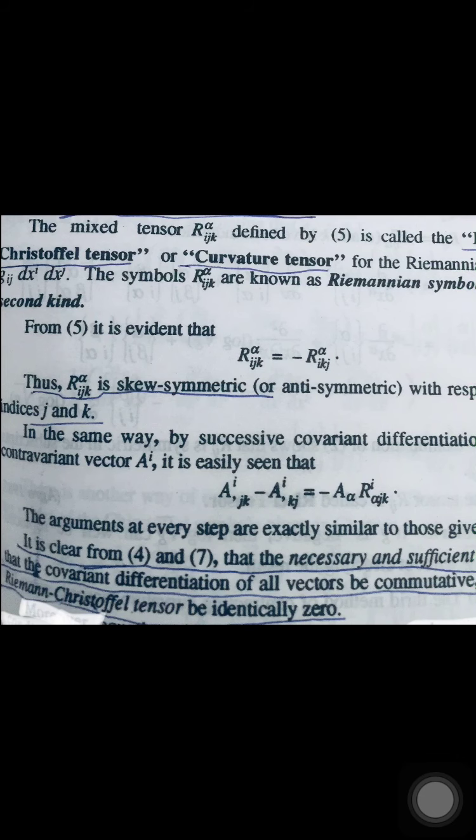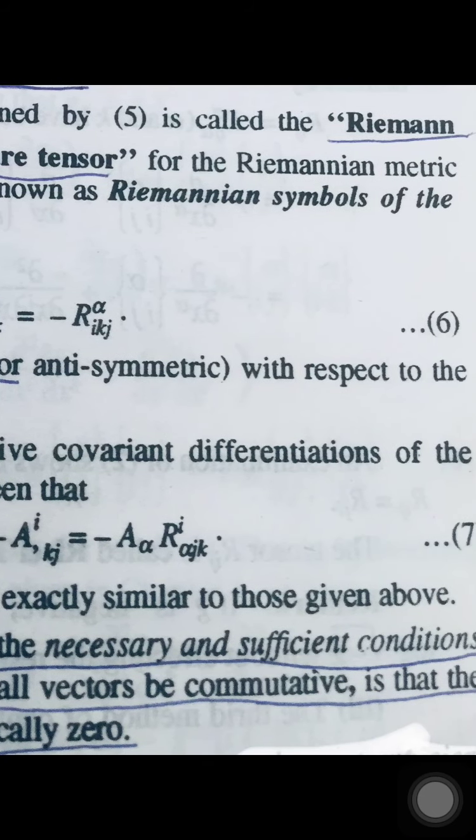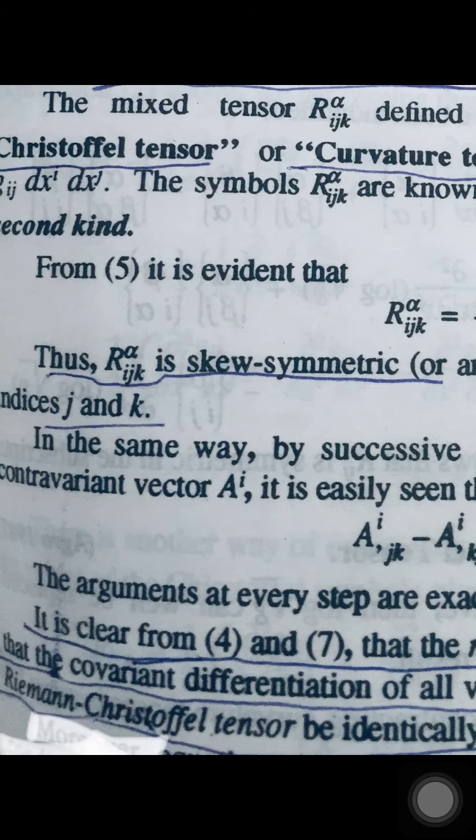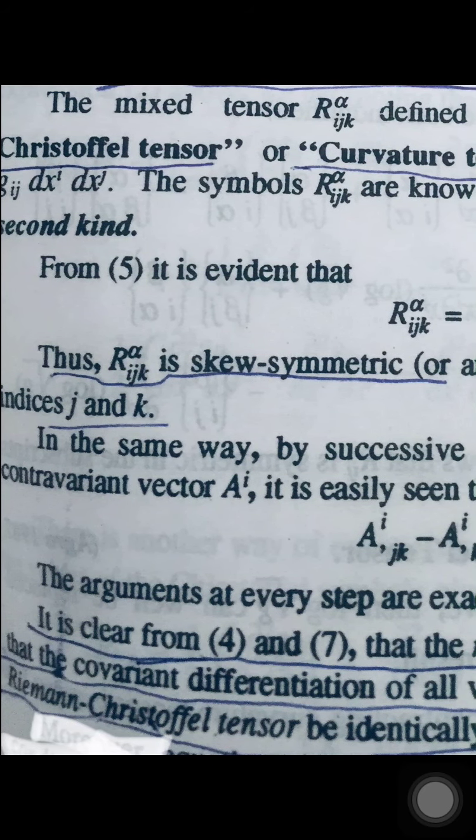In the same way, by successive covariant differentiation of the contravariant vector a^i, the upper-index vector, we proceed. Up to now we were taking the covariant vector a_i.